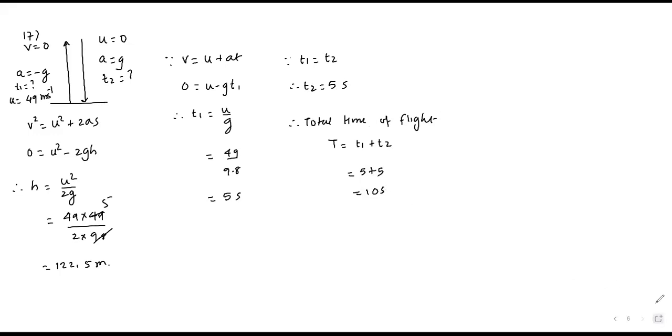Right. Check the 18th one. What is given in the 18th? A stone is dropped freely from the top of a tower and reaches the ground in 4 seconds. What is given? T is equal to 4 seconds. It reaches the ground, meaning u is equal to 0, a is equal to g, which is equal to 10 meter per second square.